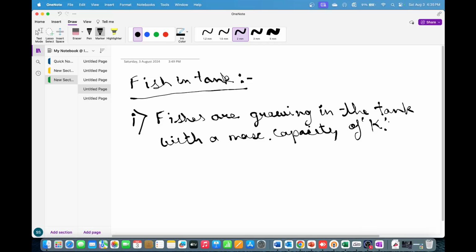Same is the concept for our environment. For example, a species cannot grow exponentially and keep on growing till the end of time, because in nature the amount of resources is very limited. So there is always competition for the resources. There is always a carrying capacity beyond which Mother Nature cannot accommodate or keep alive your number of species.